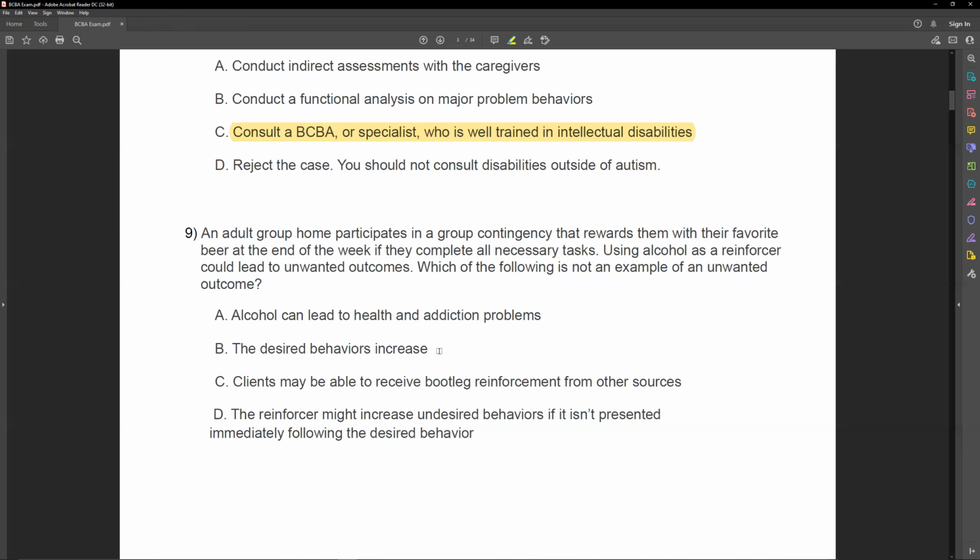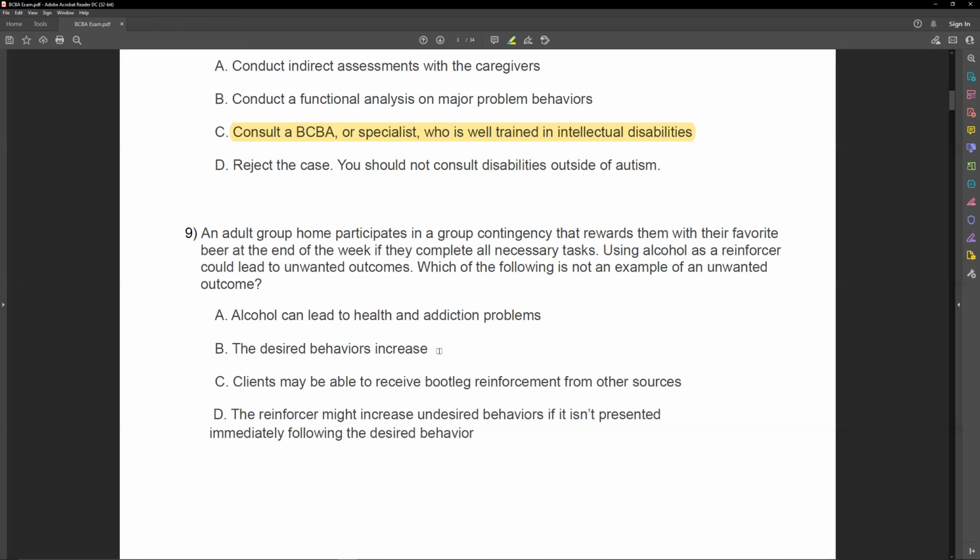C, clients may be able to receive bootleg reinforcement from other sources. Absolutely right. Alcohol is pretty easy to obtain for adults. Clients can easily get alcohol elsewhere, especially if they're allowed to leave the home. So bootleg reinforcement is a high possibility. And then D, the reinforcer might increase undesired behaviors if it isn't presented immediately following the desired behavior.